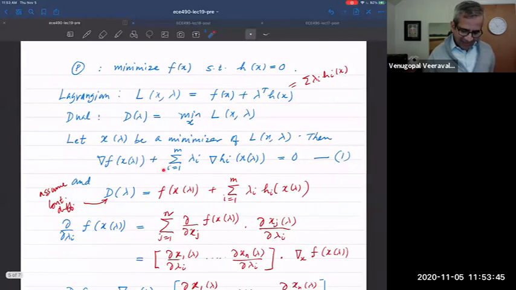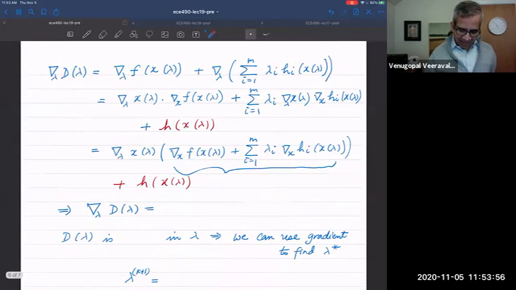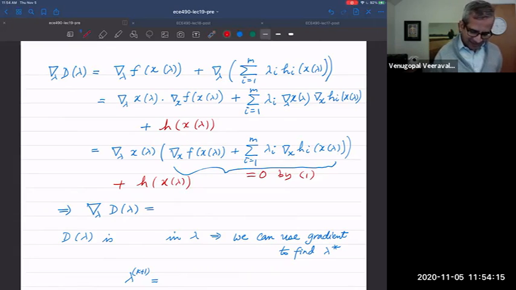This is 0, right? Because x lambda is a minimizer. The gradient condition says that it's 0. So you plug that in and you get that this is 0. So all that stuff we wrote about this matrix x lambda really didn't matter at the end. To compute the gradient of d lambda, this just becomes 0. All you're left with is just h of x lambda. You get this nice result.